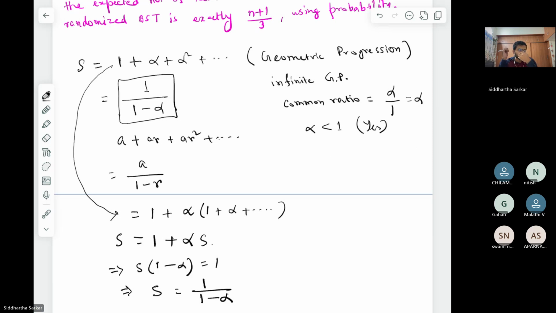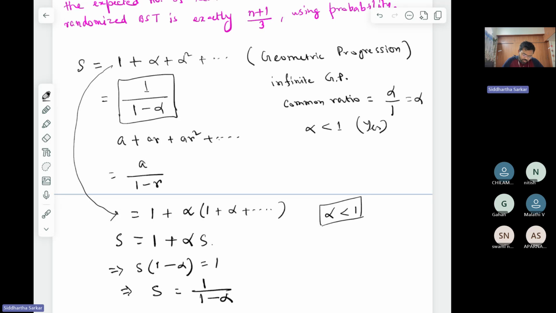Okay. So you remember that alpha should be less than 1.